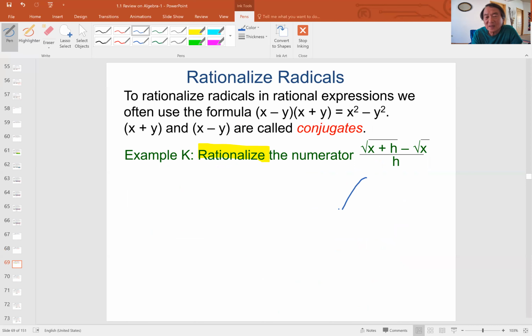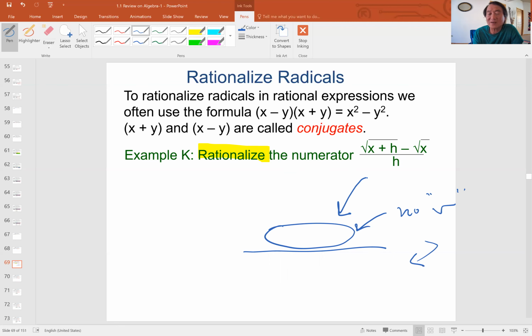In particular, it means change this expression to something else so the top part has no square root. Of course, the square root has to go somewhere, so in this case the square root will be going on the bottom.